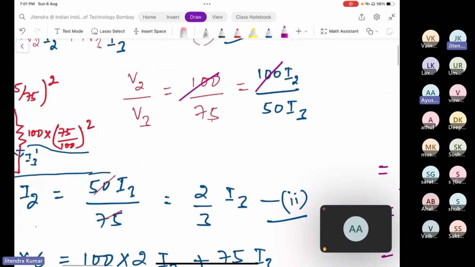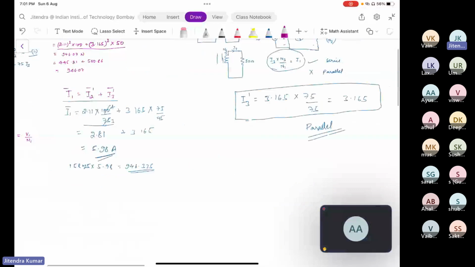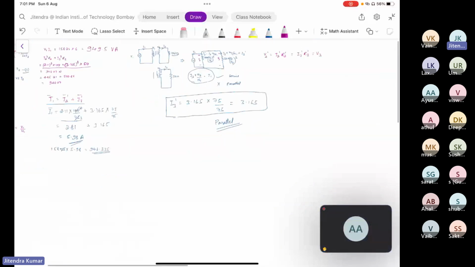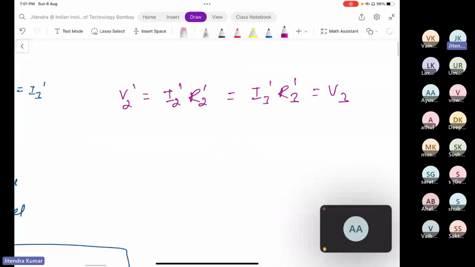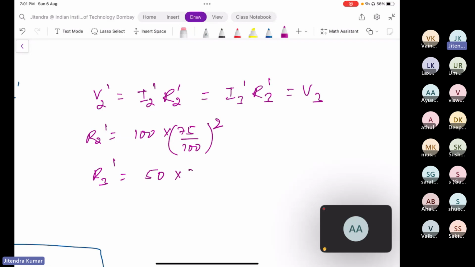So R2 dash is 100 into (75 by 100) square. Okay. R3 dash is 50 into (75 by 75) square. So it will be 50.